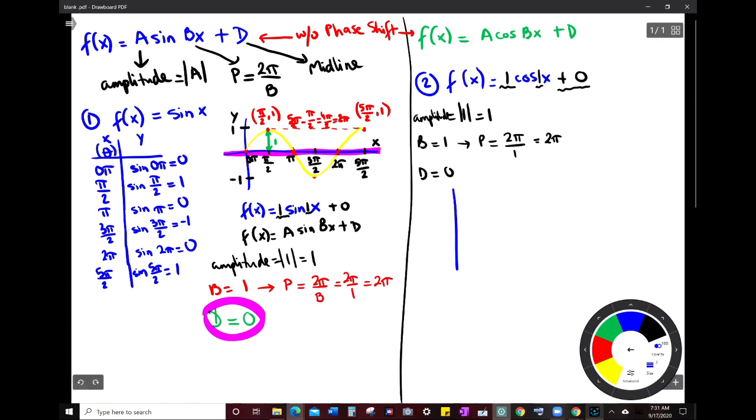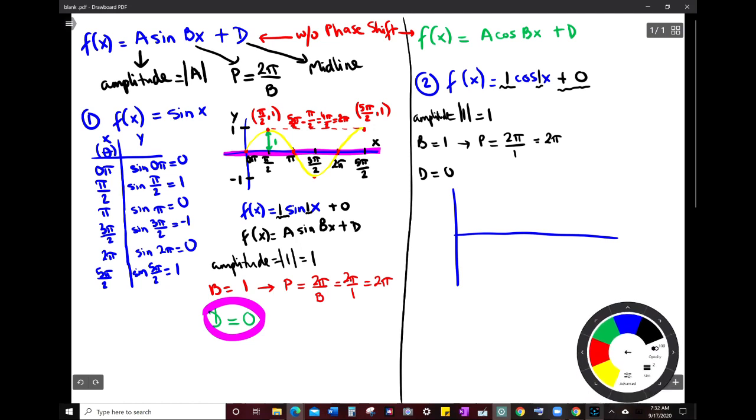So then we have this. And then we know it's the 2 pi period. So we start from 0 pi and then end at 2 pi. So then we figure out what is halfway between 0 pi and 2 pi, which will be pi.